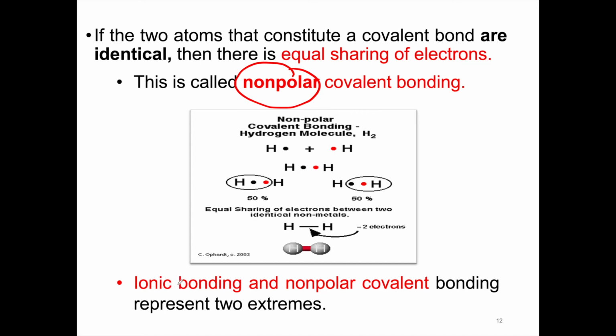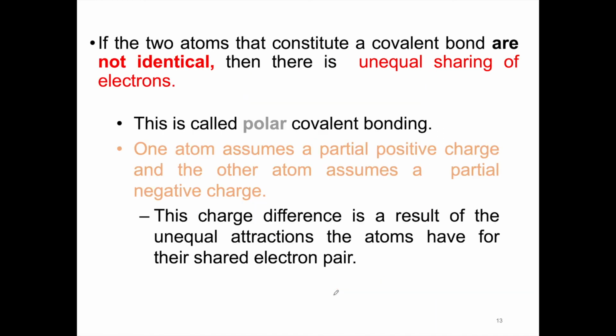Ionic bonding and non-polar covalent bonding actually represent these two extremes. If the two atoms that constitute a covalent bond are not identical, meaning we have two different kinds of atoms or elements, then there is an unequal sharing of electrons. This is what we call polar covalent bonding.